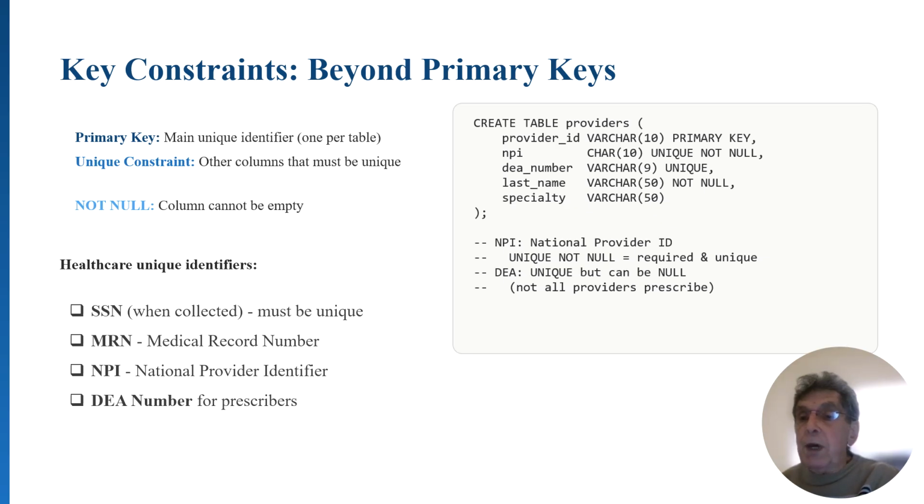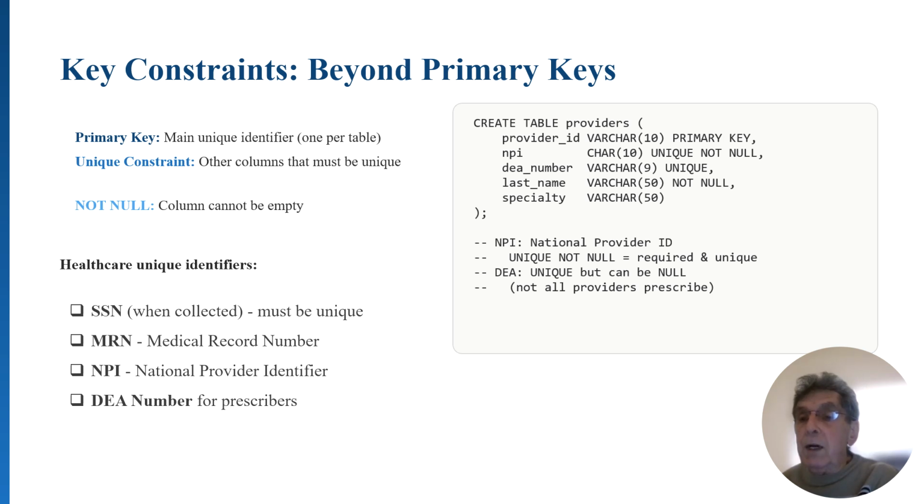They ensure no duplicate values, but do allow null unless combined with not null specifically. These are for secondary unique identifiers. Not null ensures a column cannot be empty, often combined with unique for columns that are required and must be unique. So in healthcare, many identifiers should be unique.